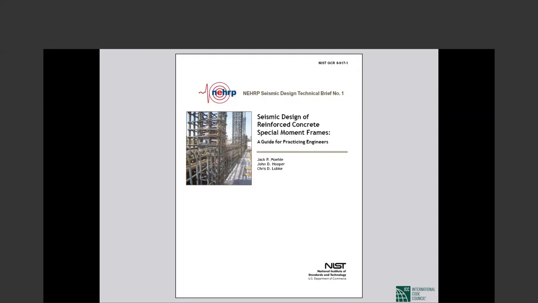The first one was on seismic design of reinforced concrete special moment frames, which has now gone through an update. These are available on the internet totally free of charge. If you Google NIST Tech Brief, you will see there are approaching 20 by now, 16, 17, something like that. All of them are available to you free of charge, and I would strongly urge you to get hold of them and take a look.